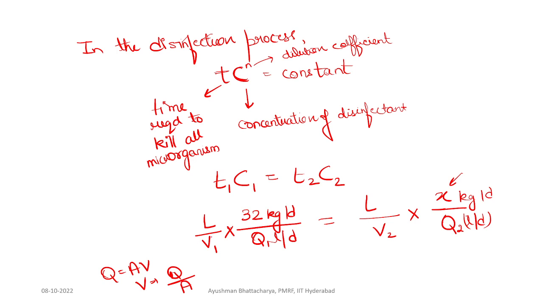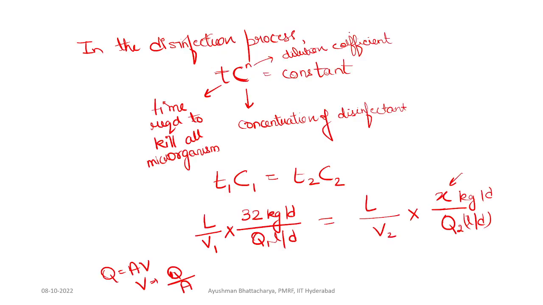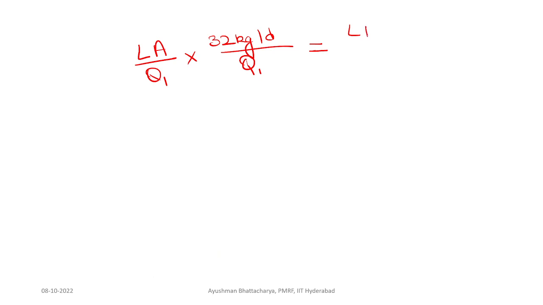After replacing V1 and V2 with Q by A, we will get L A upon Q1 into 32 kg per day divided by Q1. Similarly, L A divided by Q2 into X kg per day by Q2.